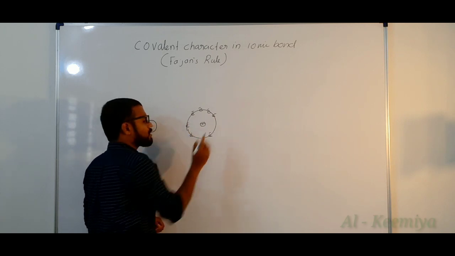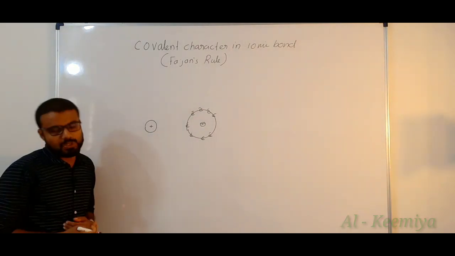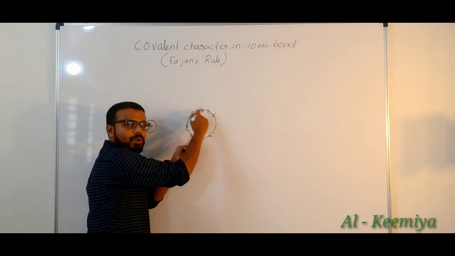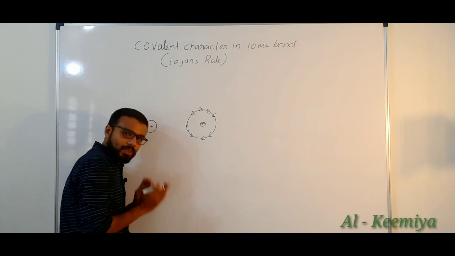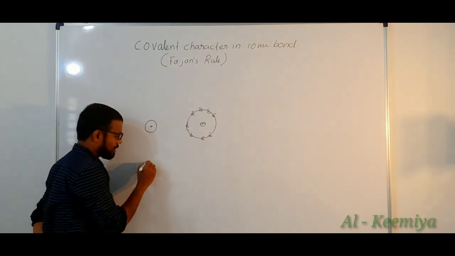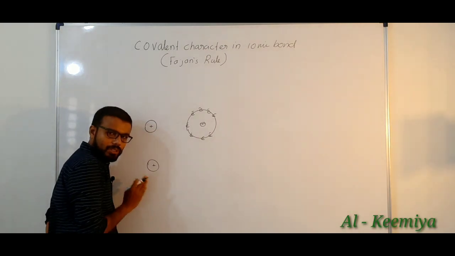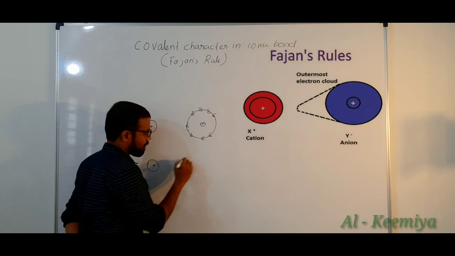So when this anion and cation come close together, what happens? The electronic cloud of the anion shifts towards this cation. That means there is a distortion in the electronic cloud of the anion. It becomes somewhat like this.